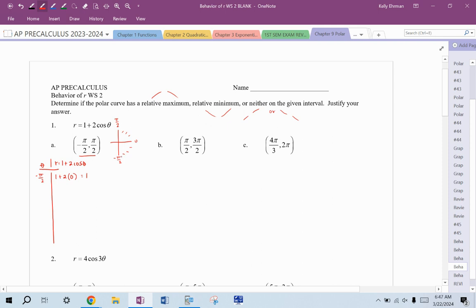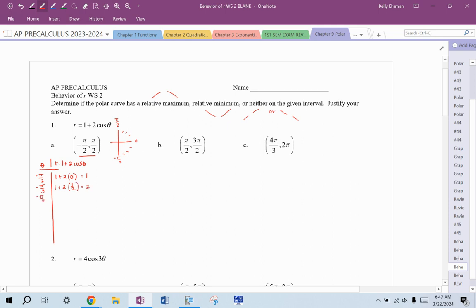Then we can call this next angle negative pi over 3. You could make it 5 pi over 3, it really doesn't matter. You're just thinking about the sign, the value, of cosine here. So 1 plus 2 times cosine's positive 1/2 at pi over 3. So 1 plus 1 is 2.